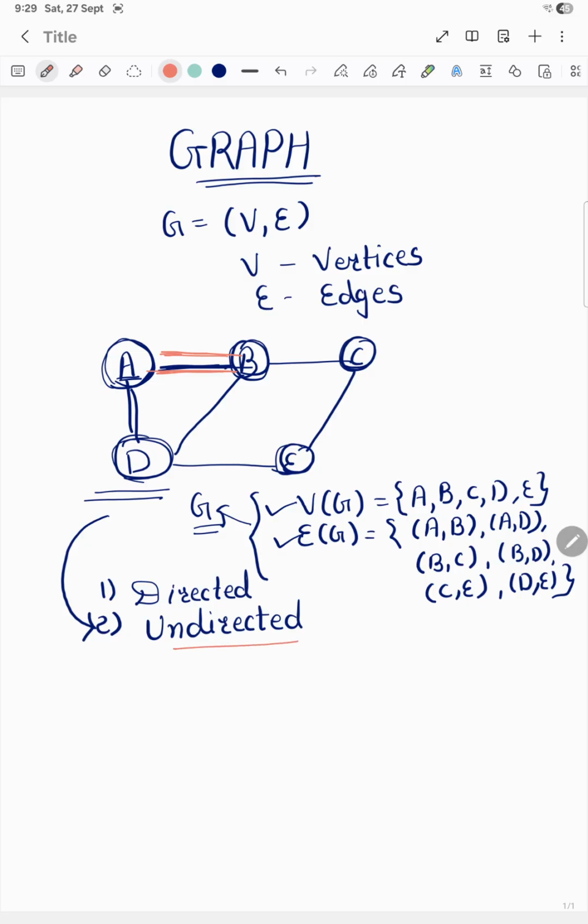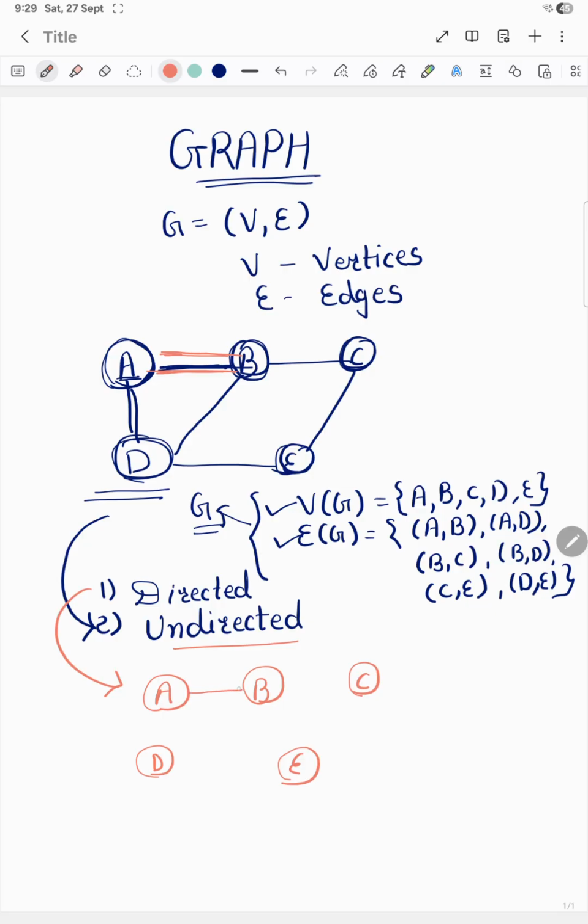Now suppose if I want to represent the same in a directed graph, what I need to do is, between A, D, B, C and E, have edges with a direction.